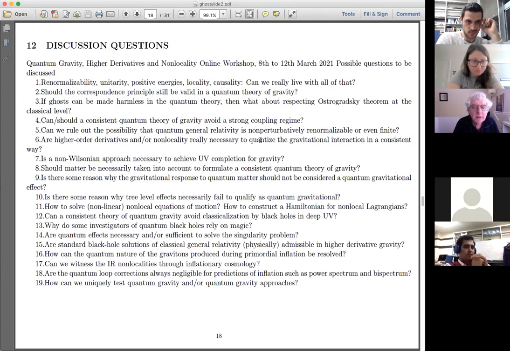Okay. So should matter be necessarily taken into account to formulate a consistent quantum theory of gravity? Yes. I didn't discuss that at all. But when you try to work this through, what you discover is that gravity has to be intrinsically quantum mechanical.